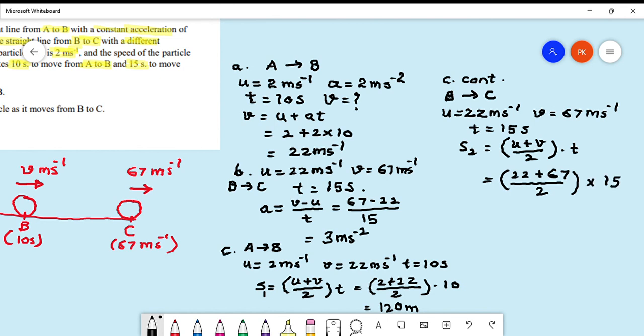How much will that come out to be? 22 plus 67 divided by 2, into 15, and that comes out to be 667.5 meters.